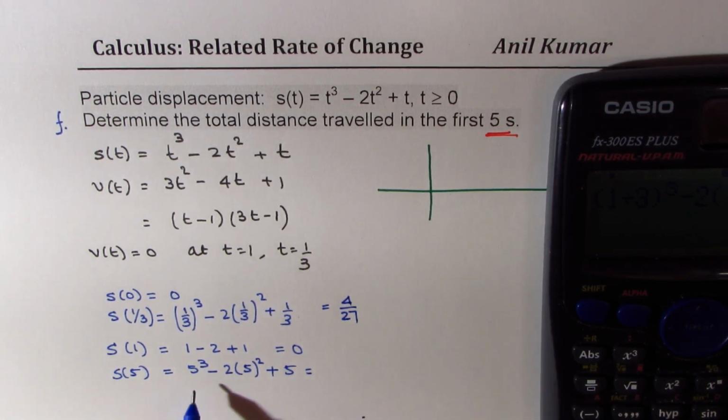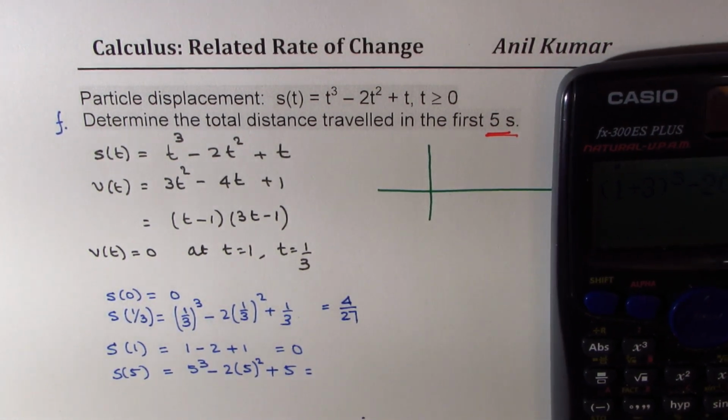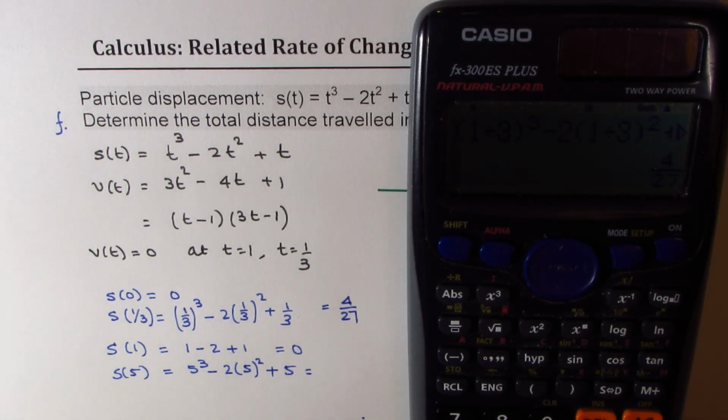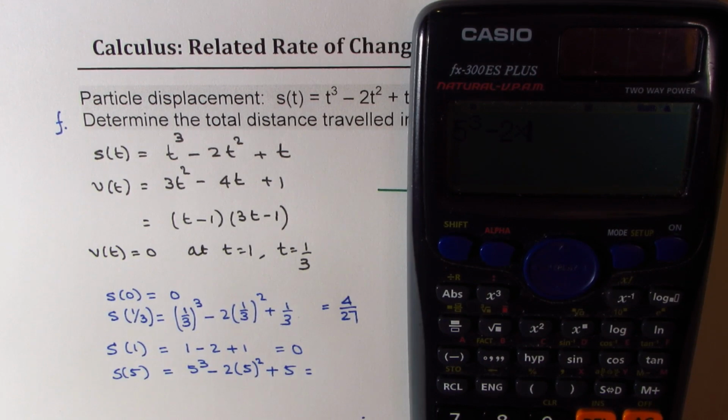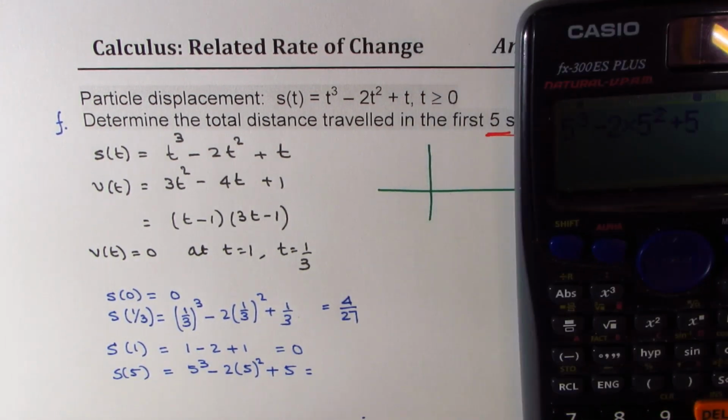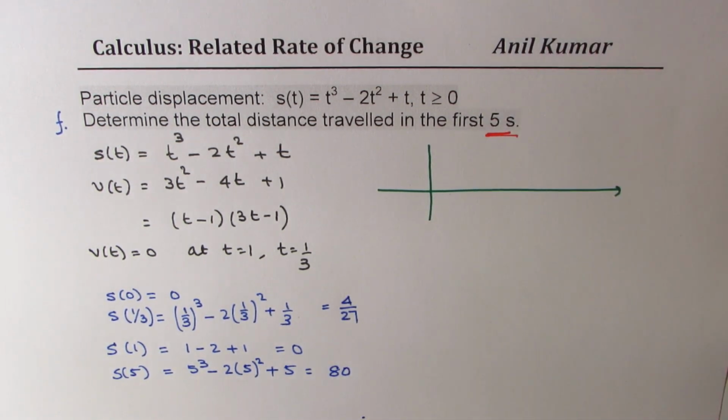This is 0. And let's calculate s of 5, which is 5 cubed minus 2 times 5 squared plus 5, and that is equal to 80. Okay, so that will help us to show the diagram.